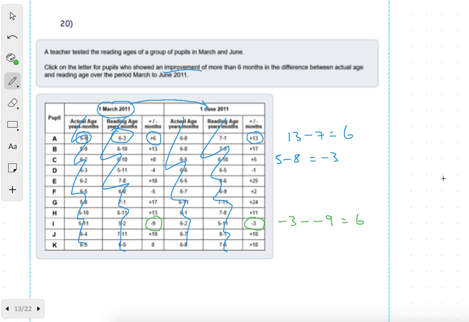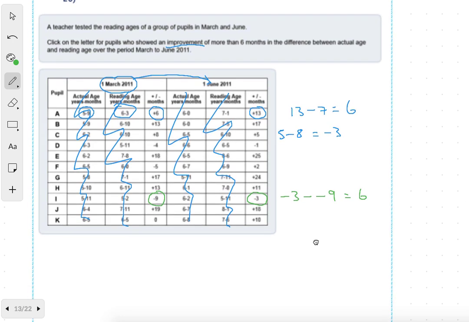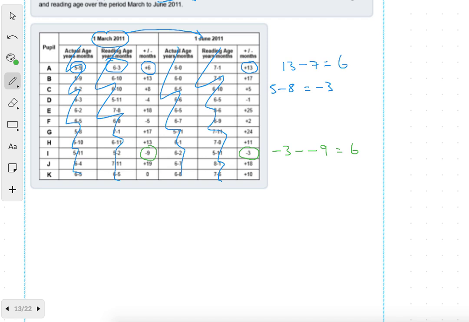Now the best way to illustrate what's going on there would be to draw a number line. And number lines are pretty useful for quite a few things in QTS. If we look at pupil I, they were 9 months behind their reading age, and now they're 3 months behind their reading age. So you need to visualize this number line and think, how many places do you need to move from -9 to get to -3?